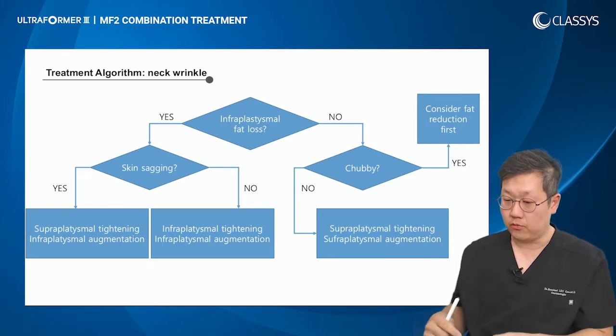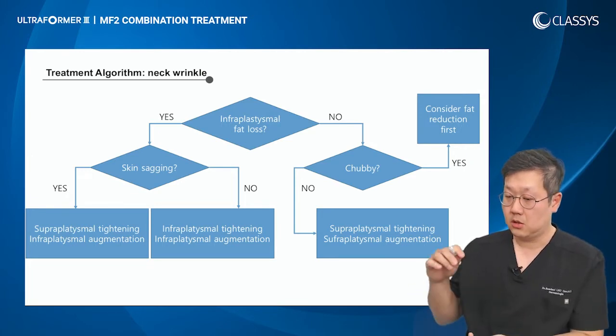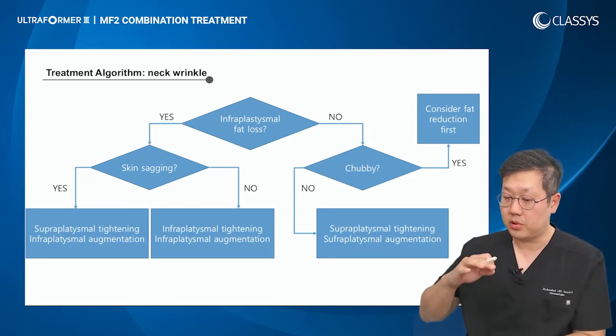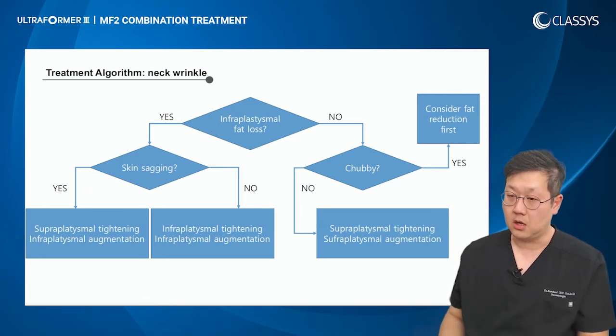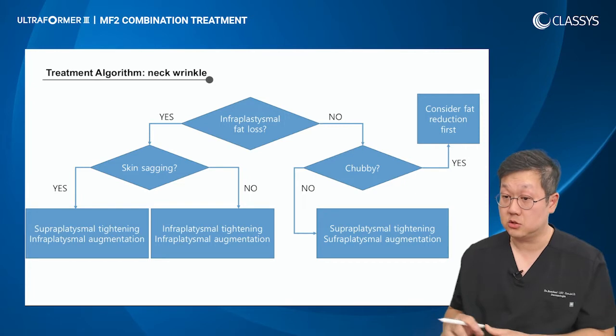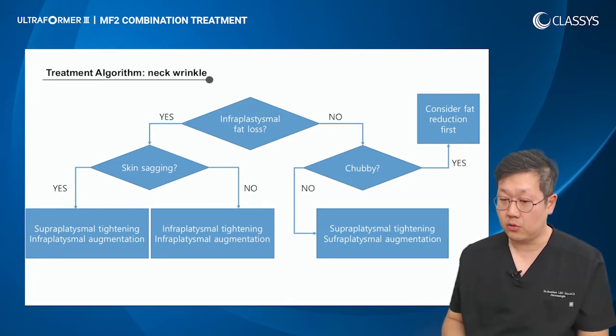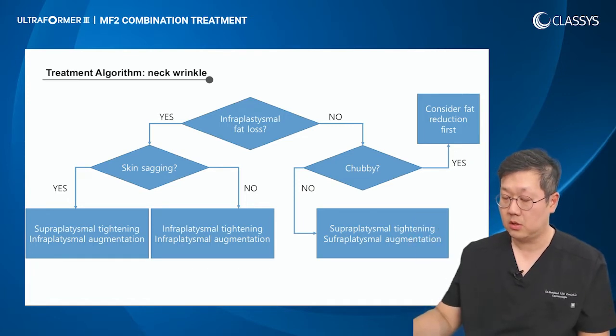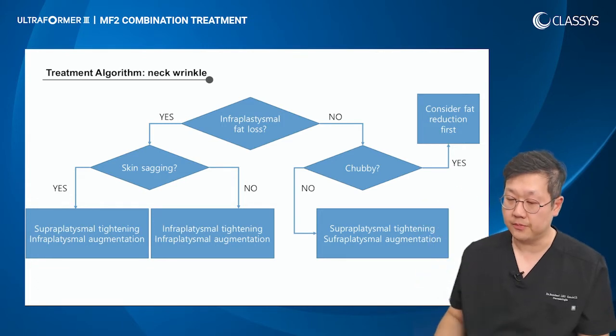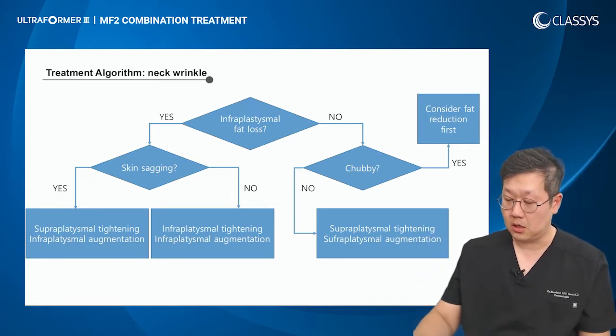So in these cases, we go for supraplatismal tightening and supraplatismal augmentation, which means very shallow injections. That's my algorithm. So you can see whether volume is important or sagging is important, and you can get some help from these algorithms.